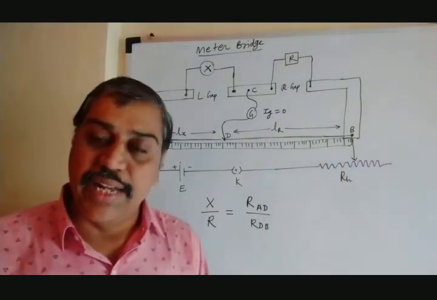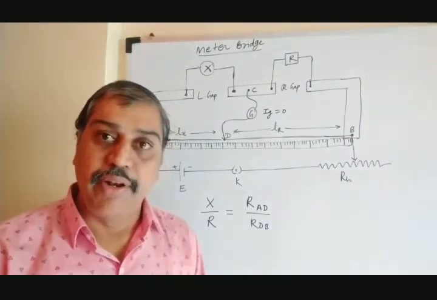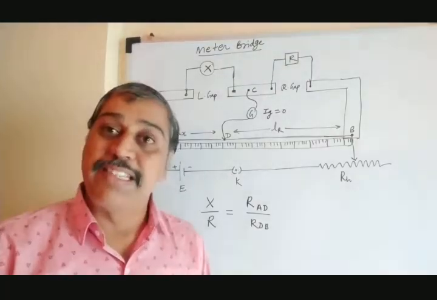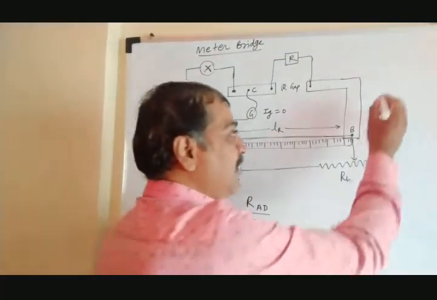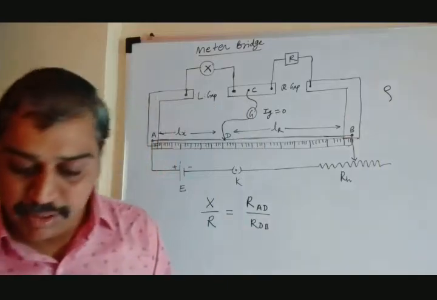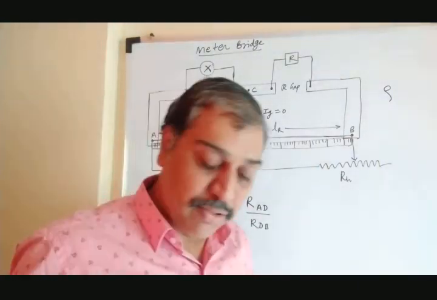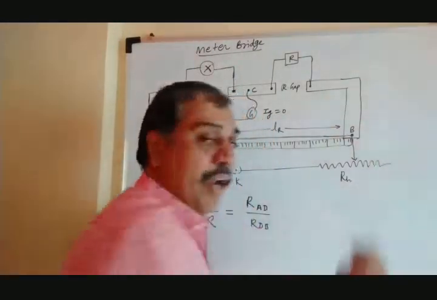Now, if you remember, in 11th standard we learned about specific resistance. Specific resistance is represented by rho, or sometimes by sigma also. It is better to use sigma, according to your book.